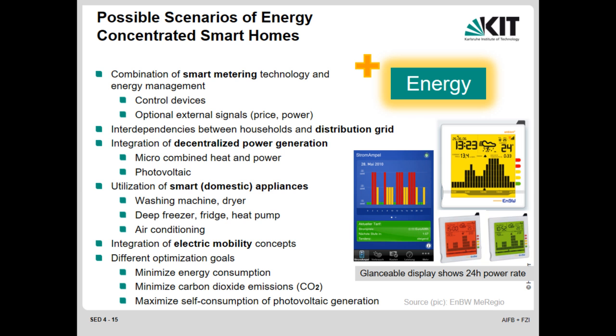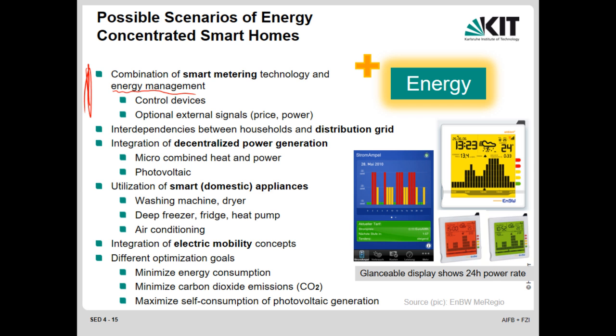The energy scenarios have to do with having smart metering systems, so knowing something about how much energy is actually used in the house. Then we would also like to control energy consuming devices, so energy management is important. And we have some extra signals like prices for electricity, power limits and things like that.